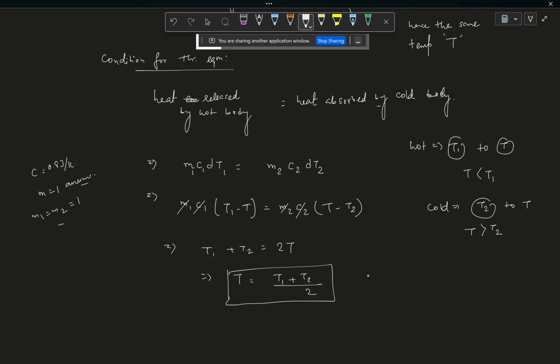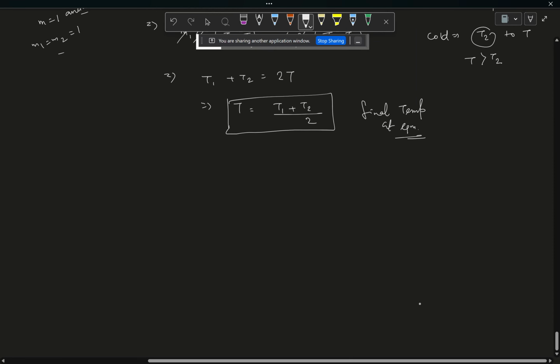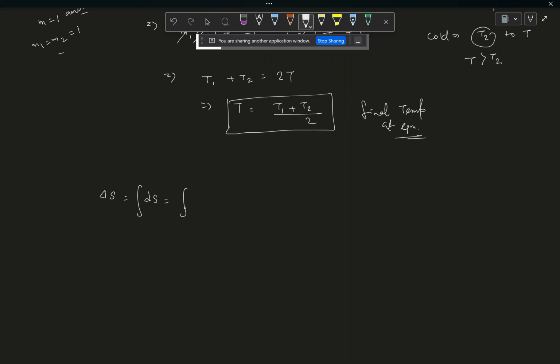So this is your final temperature at equilibrium, and each of the bodies will have the same temperature T. So once you obtain that, now you know your change in entropy delta S. I have already shown this formula earlier in the past week's assignment, but I'll show it again: dS is basically dQ by T, and in this case there is no work done that is involved because no volume change is mentioned, only a temperature change is happening.